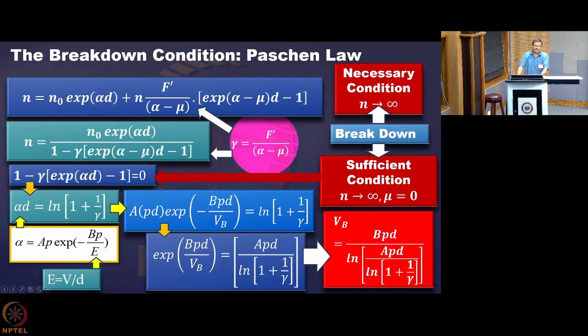We are taking the help of the Townsend mechanism through alpha, and the photo absorption mechanism through mu. Now there are two conditions for n to be infinite. One is that we can straight away make this denominator 0 and make this infinite. So that is your necessary condition.